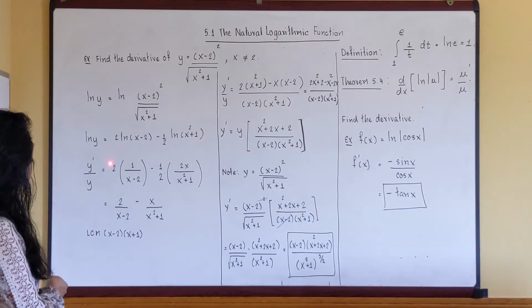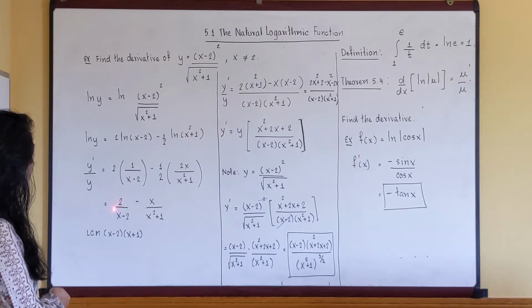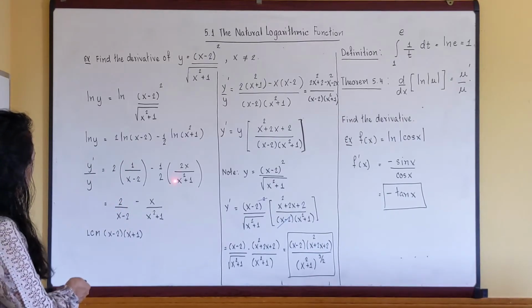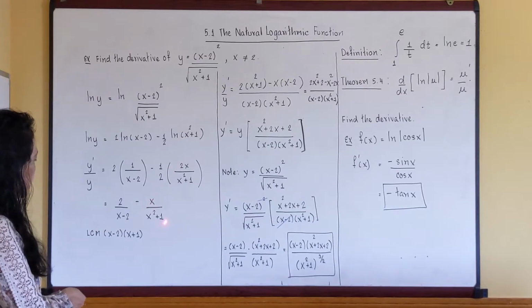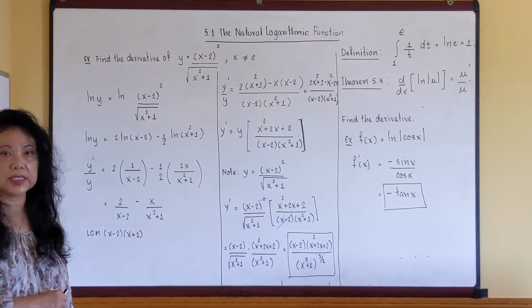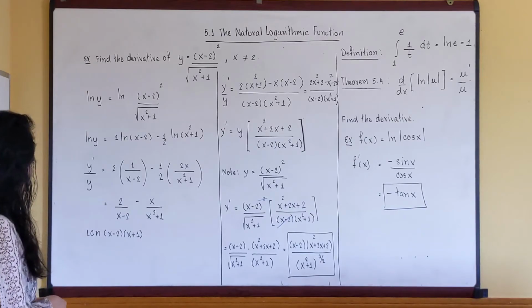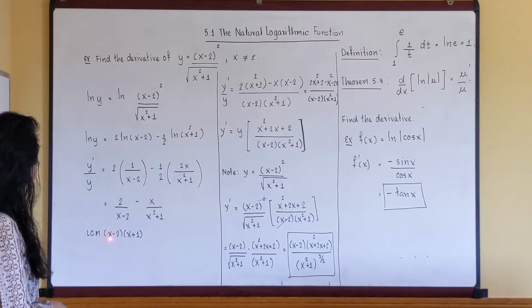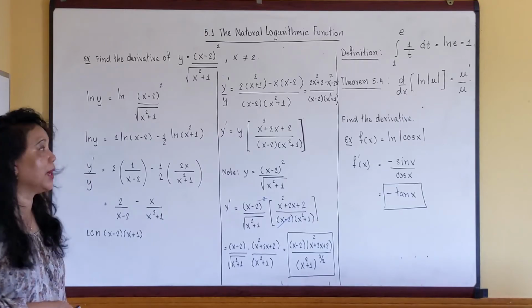Next, I distributed the 2 in here, which is what I get here, and I reduce the 2 to get the second term. Because these two terms have different denominators, I find the LCM, which is (x minus 2)(x squared plus 1).